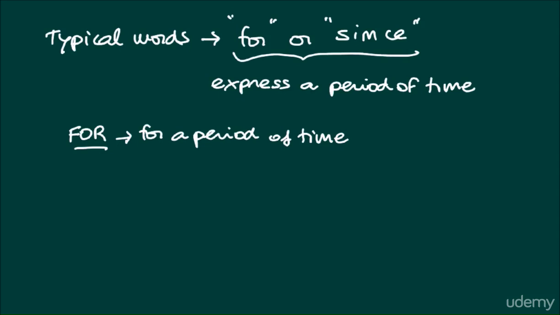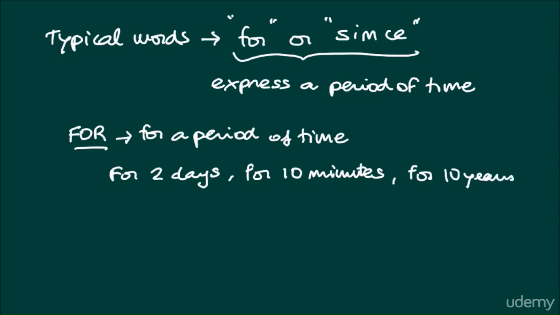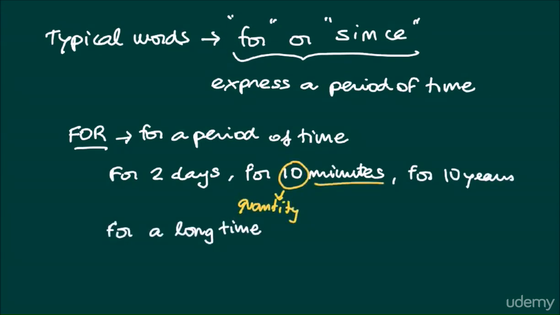We use for a period of time, for example, for 2 days, for 10 minutes, for 10 years, for a long time. So we need a quantity and a word of time.